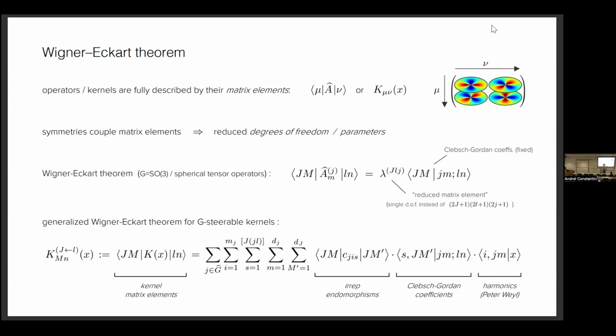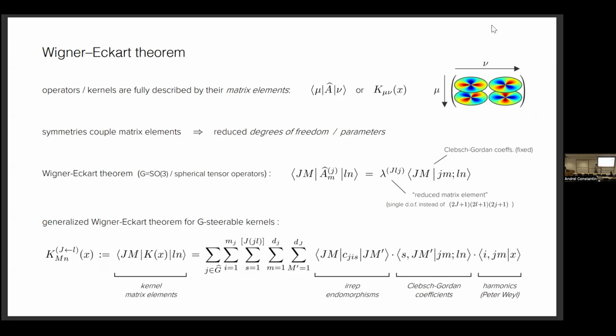Here they can be higher dimensional, but these are the learnable parameters. What comes in addition is that your kernel is not by itself an irreducible representation, but some function on a circle or on a spherical shell. You first need to decompose that into its irreducible components, and this is done via something called the Peter-Weyl decomposition.